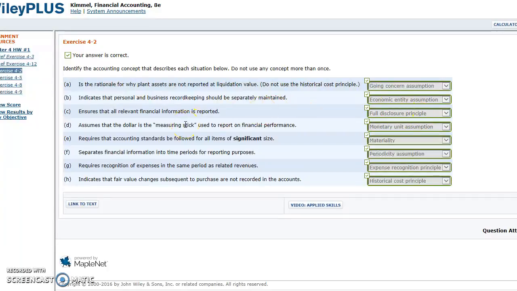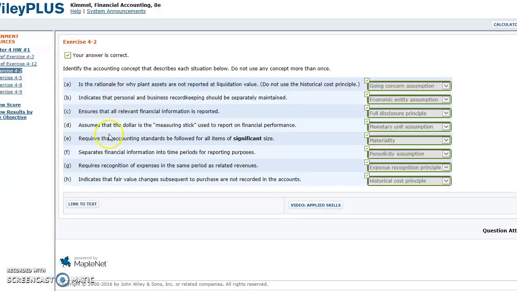D, assumes that the dollar is the measuring stick used to report on financial performance. So this one I choose the monetary unit assumption. E, requires that accounting standards be followed for all items of significant size. So for this one I use materiality.